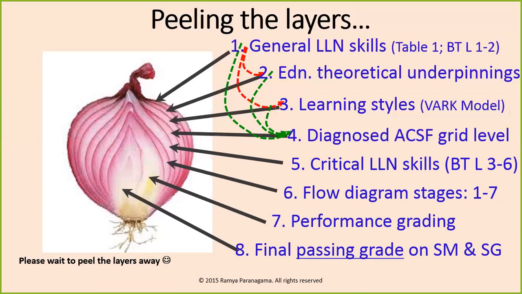I put green dotted arrows. Okay, that makes sense. Then I thought, how do these 1, 2, 3, and 4 connect to critical learning skills? And here are my black arrows. Then the next one is how the flow diagram stages are connected to these stages, right? And then comes number 7, performance grading at that point, but I did not want to make this diagram messy, so I put a little dotted line, right? So finally, the passing grade.